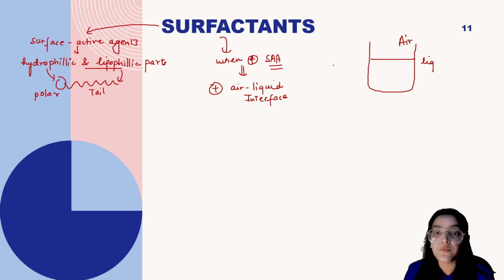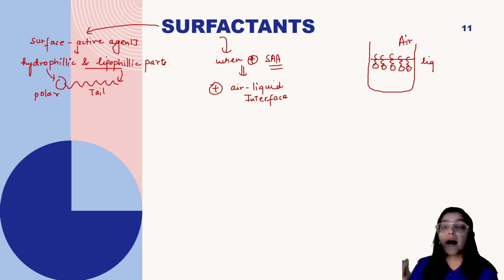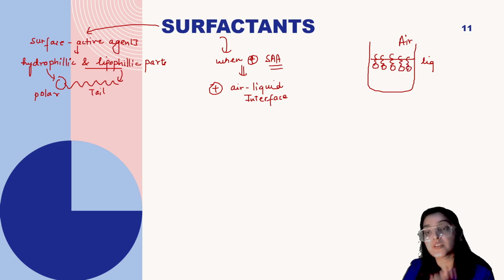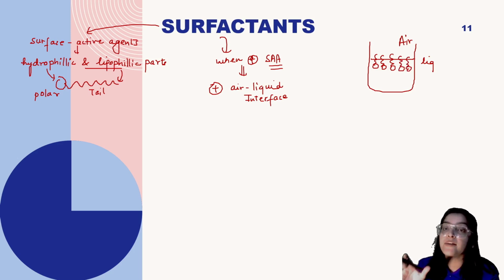What happens when we add the surface active agents to the air liquid interface? The surface active agents tend to align like this, in which the polar heads, the hydrophilic portion, are towards the water and the hydrophobic tails are away from the water.